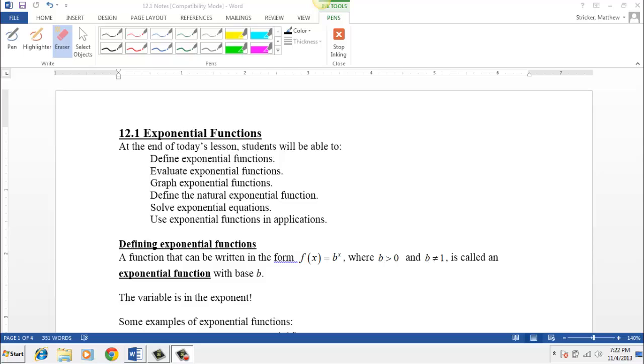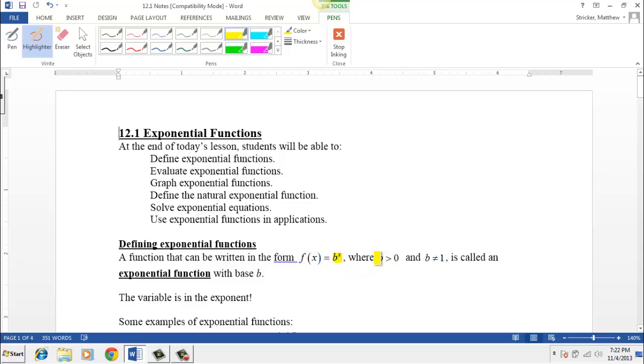Now exponents are nothing new to anybody that studied mathematics. We've seen exponents before. They have the form b to the x, where we have a base and a power. The only thing that's different about an exponential function is that now we say f of x equals b to the x.